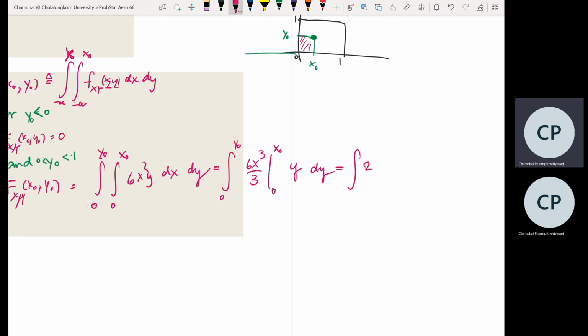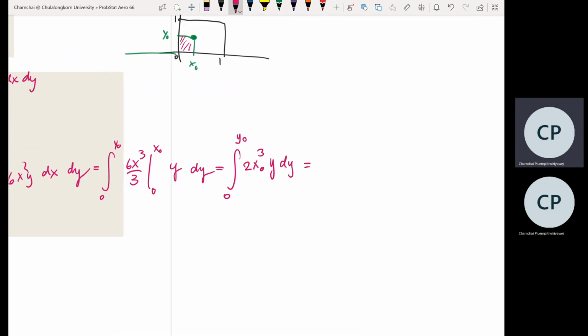The integral of 2 x naught cubed y dy from 0 to y naught, right? x naught to the third, times 2, and then y squared over 2, y from 0 to y naught, and what do you get? x naught cubed y naught squared, right? Okay, good.